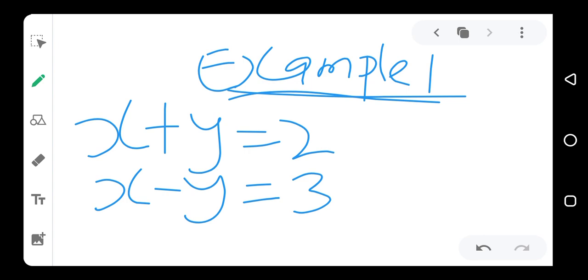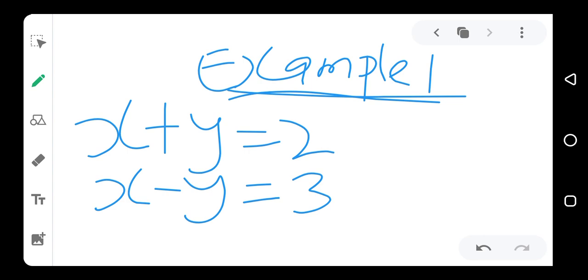We are asked to find the value of x and y in these equations. Now, this is an example of a simultaneous equation. We have two equations, and they contain two unknowns, two things that we don't know. We don't know the value of x and we don't know the value of y. So we are looking for the two unknowns at the same time. So it is an example of a simultaneous equation.